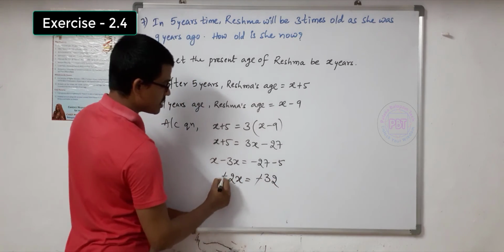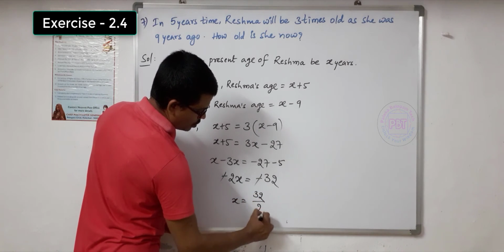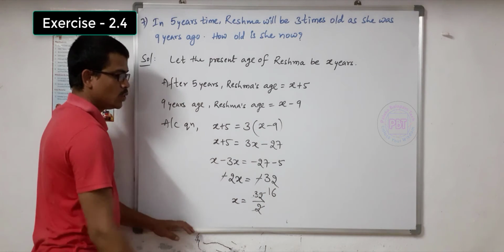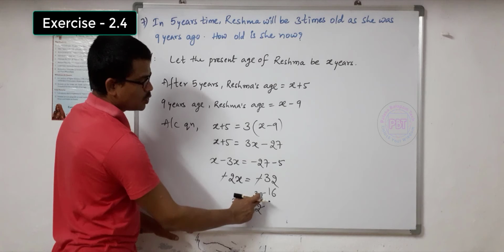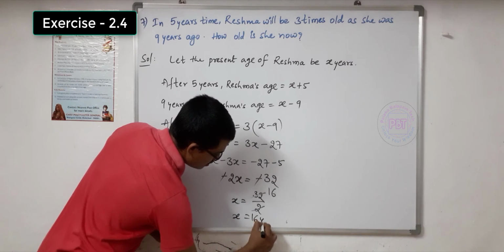Minus is cancelled on both sides. x equal to 32 by 2. 2 ones are 2, 1 left, remainder 12. 2 sixes are 12. 16. Therefore x equal to 16 years.